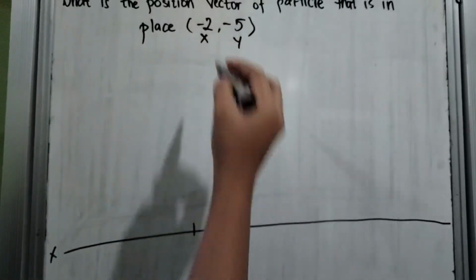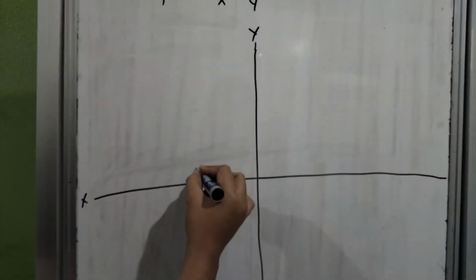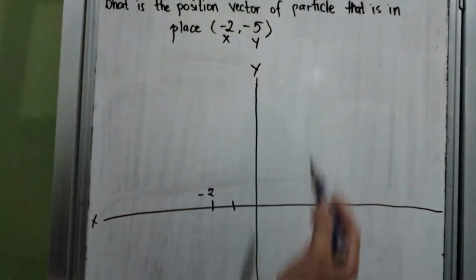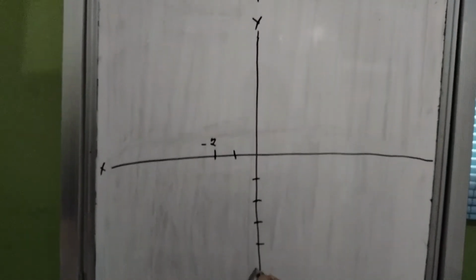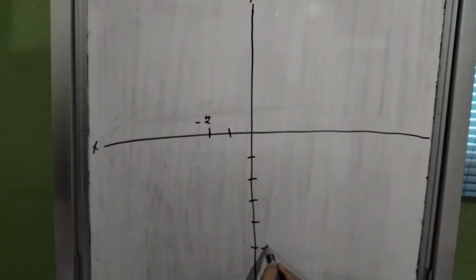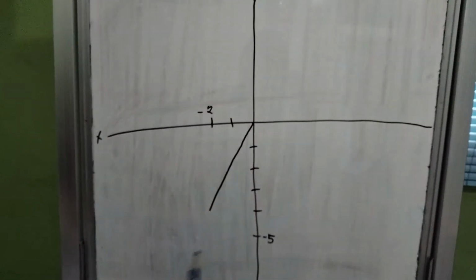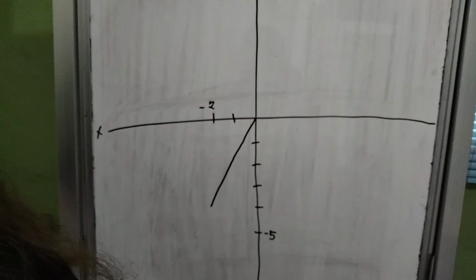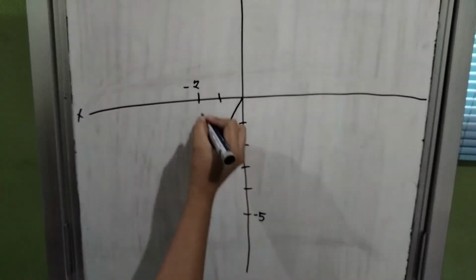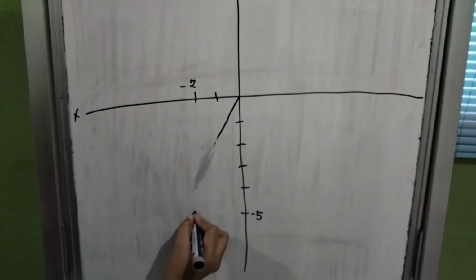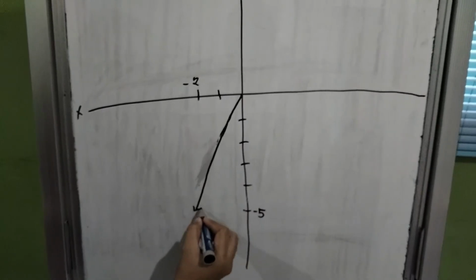Since parehas silang negative, nandito tayo sa left side. So, x is negative 2, tapos hanapin mo lang yung sa y. 1, 2, 3, 4, 5. So, ito yung negative 5. Para mag-graph siya, kailangan yung point neto, tas yung point dito nag-meet. Yan. So, ganito lang siya i-graph.